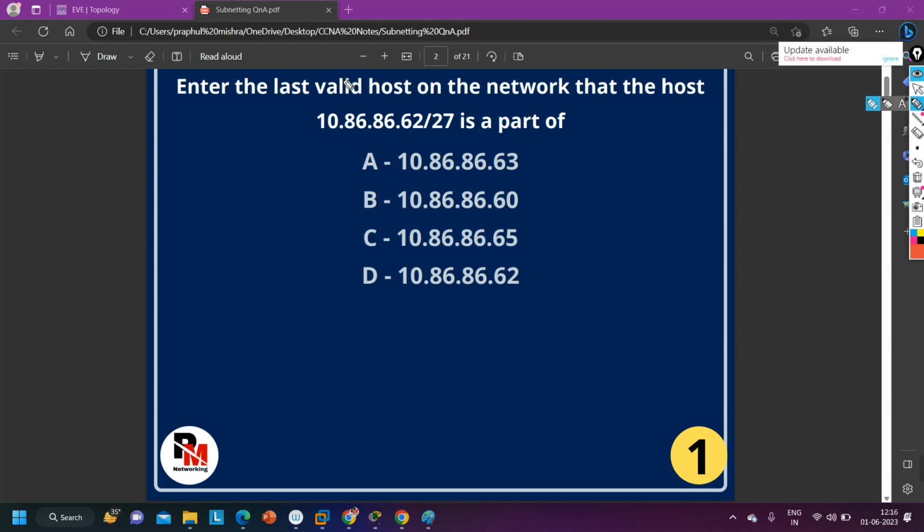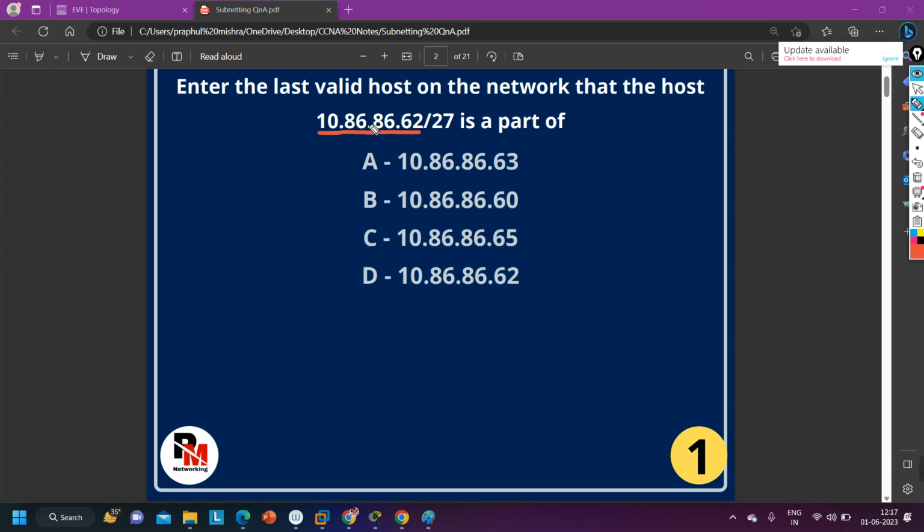It is telling me this is an IP address, 10.86.86.62/27, and it asks for the last valid host on the network that this host is a part of. This is part of a network and it is asking for the last valid IP address of that network. So first of all, we need to find the network ID.